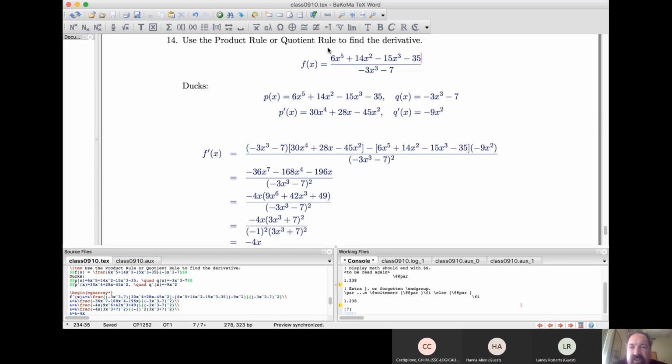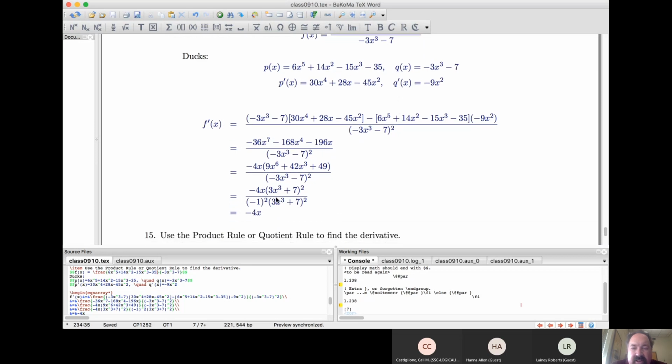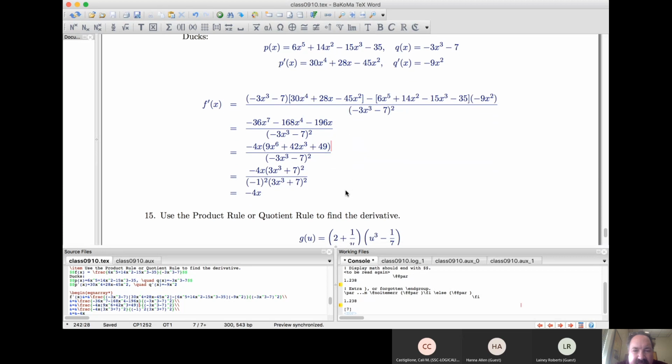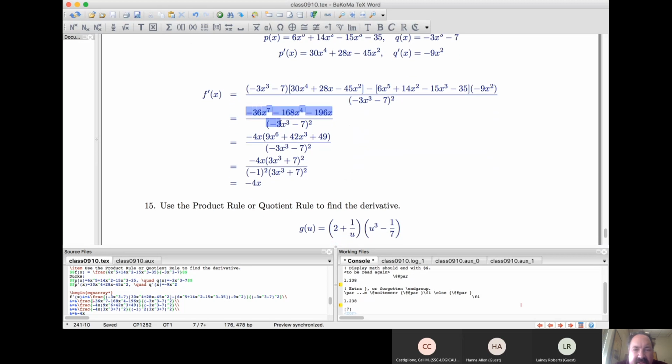That would simplify the function as a whole, and then it would be easy to see that the derivative is minus 4x. Sometimes things factor out nicely, but again, I would not expect you to recognize that that is a perfect square and can be simplified in this manner. So something like this is perfectly fine as an answer.